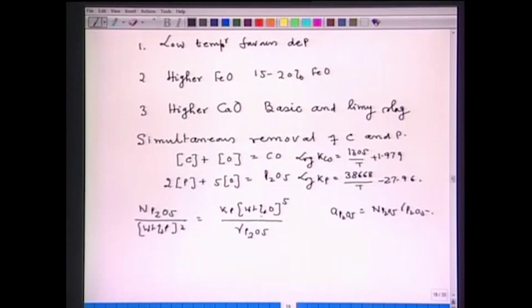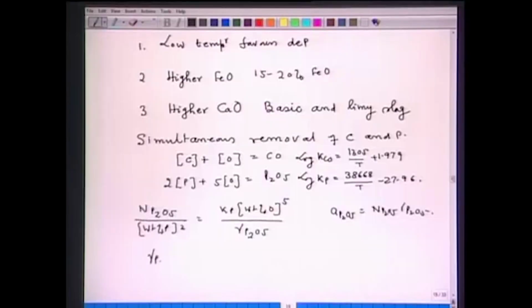Now, I have to replace wt% O also. Already I have given the equation. So, if I substitute that value of wt% O over here, and try to get this equation, gamma P2O5 will be equal to Kp into (wt% P) whole square upon KCO to the power 5, (wt% C) to the power 5, Np2O5.